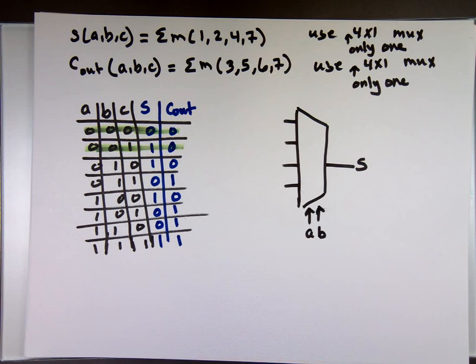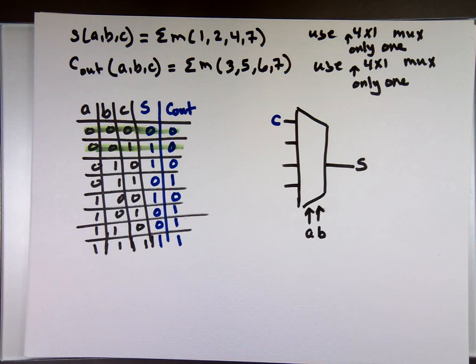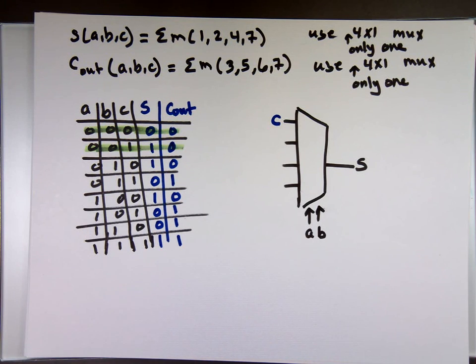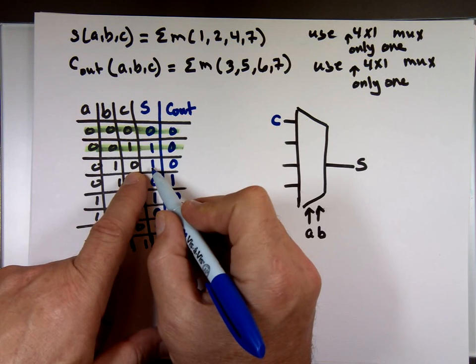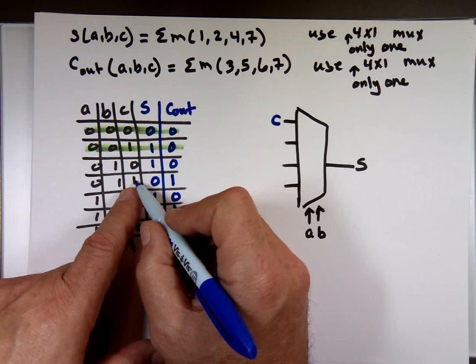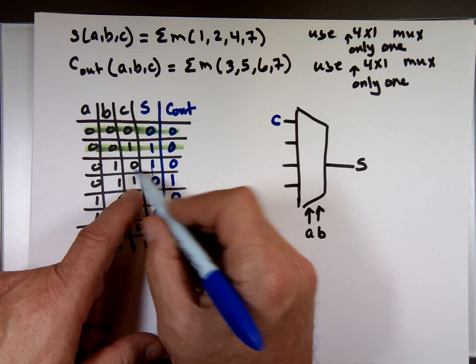That means I need to attach the first pin to C. Now the second group, 0, 1. When C is 0, S is 1. When C is 1, S is 0. How is that in relation to C? C naught. Yep, C naught.